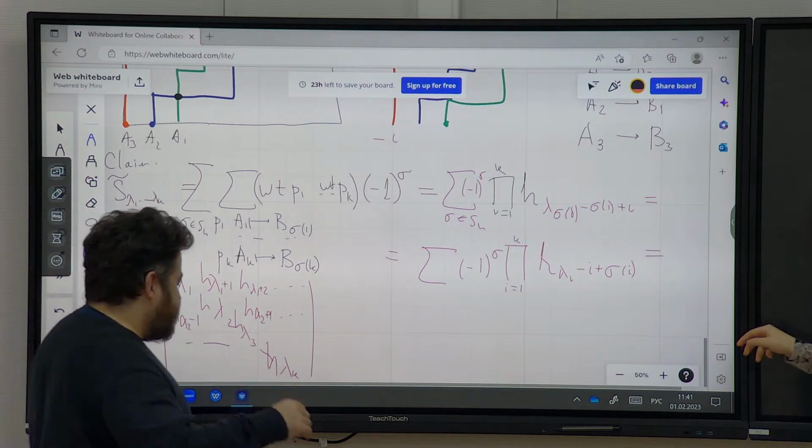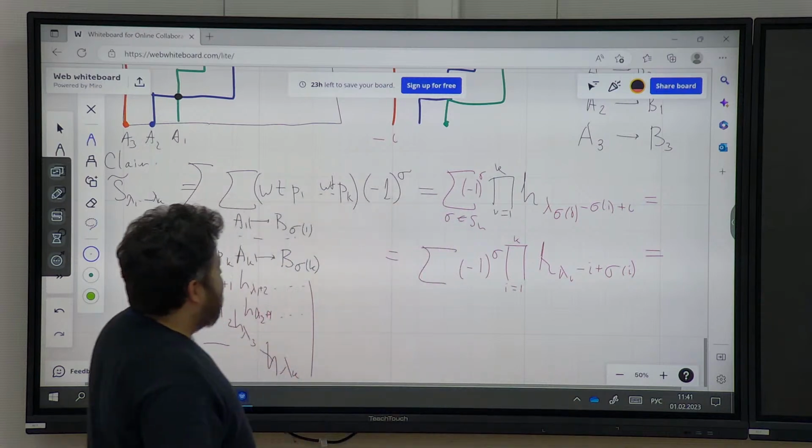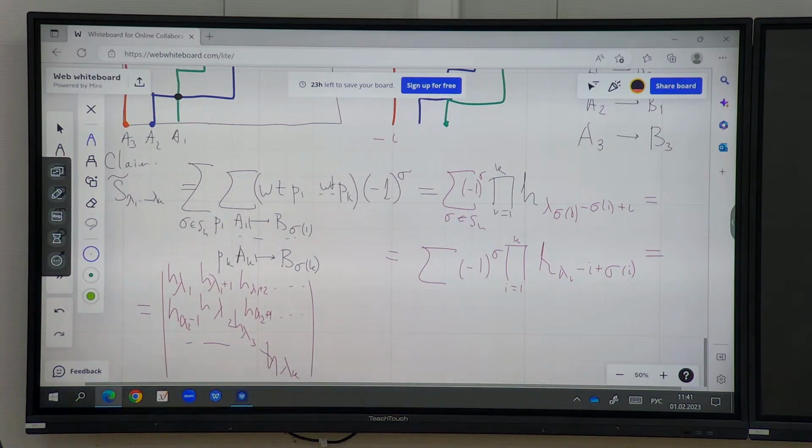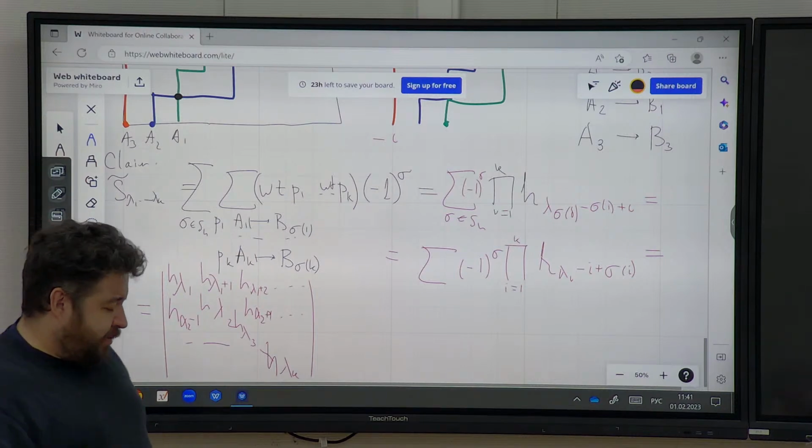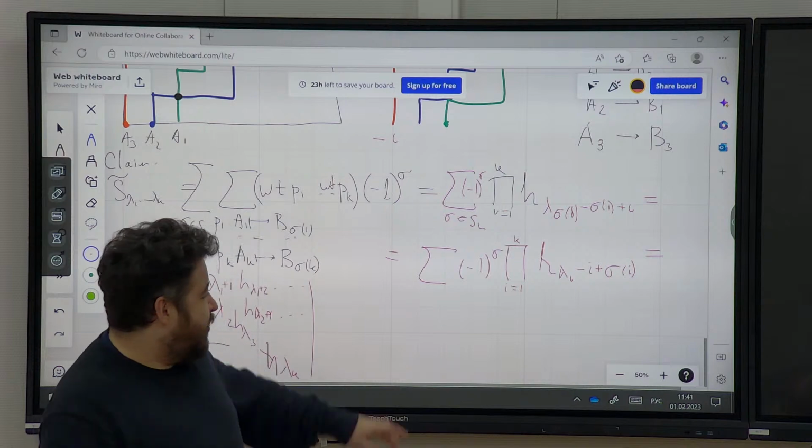Oh yeah, that's right. This trick with paths was invented in the 50s by, I don't remember the names, but it was some probability theory people who invented this trick.